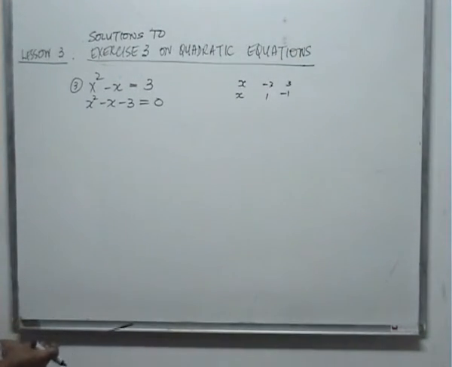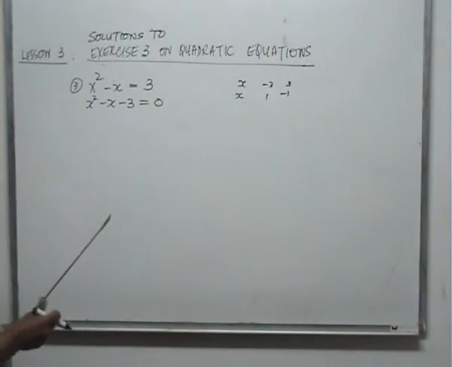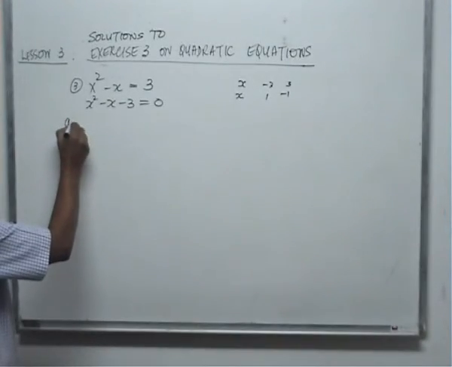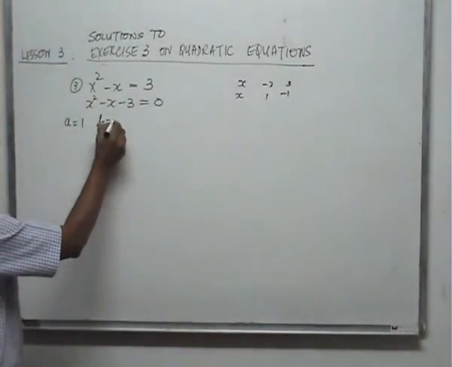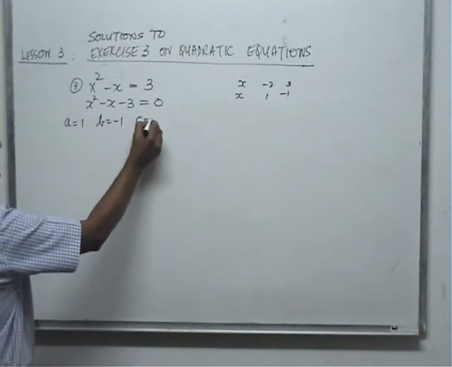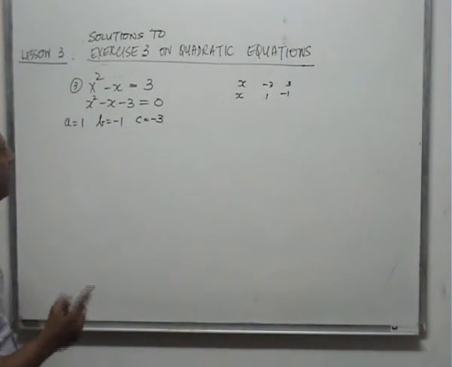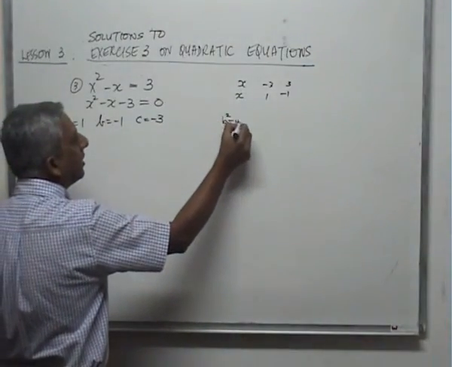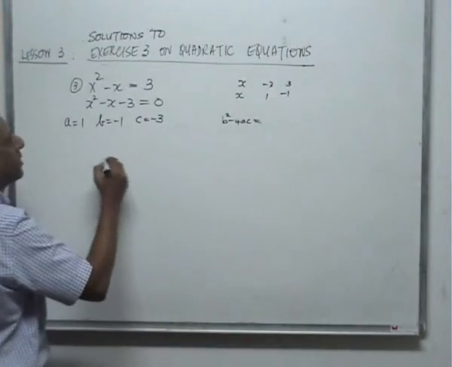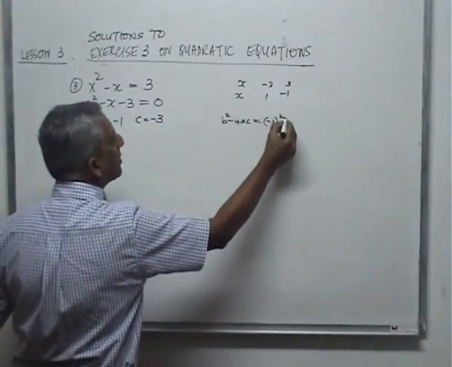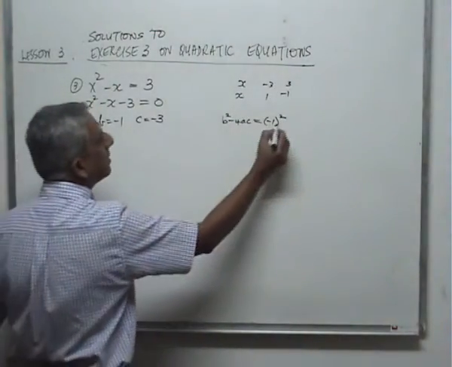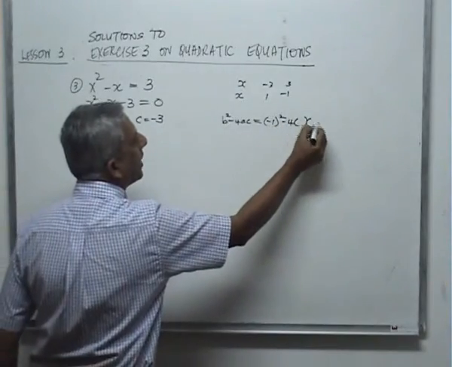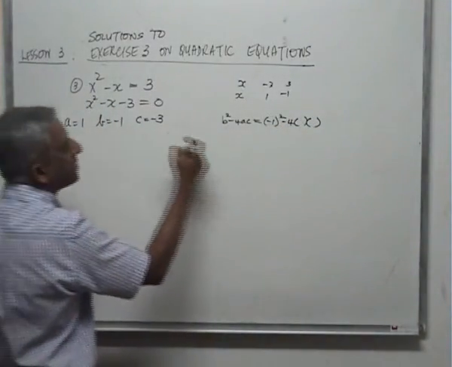The other way is, you can work out b squared minus 4ac. What is a? a is 1, b is minus 1, c is minus 3. If you remember, in a previous DVD we showed you that b squared minus 4ac is equal to minus 1 squared minus 4 into a into c. a is 1, c is minus 3.